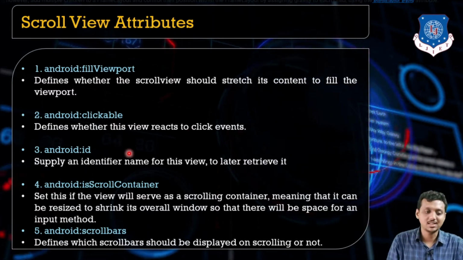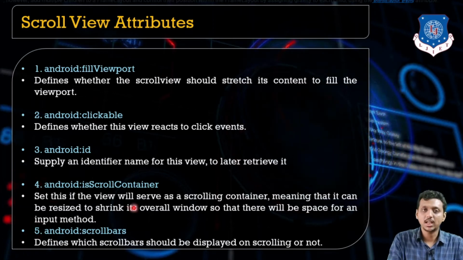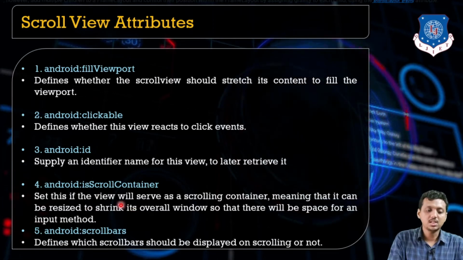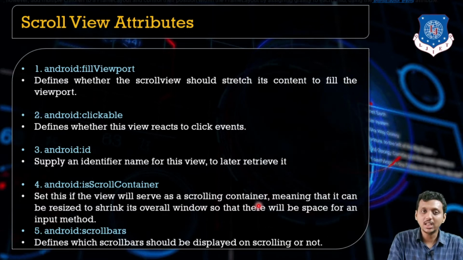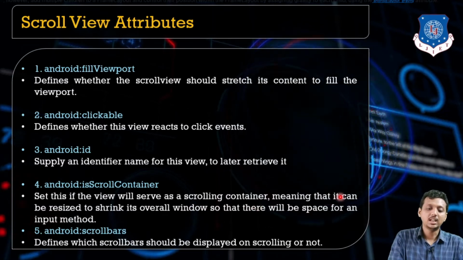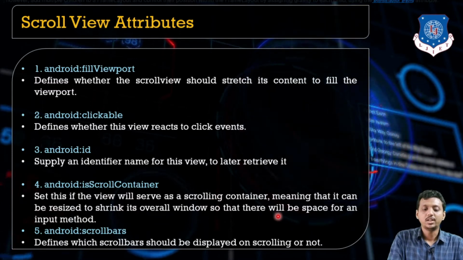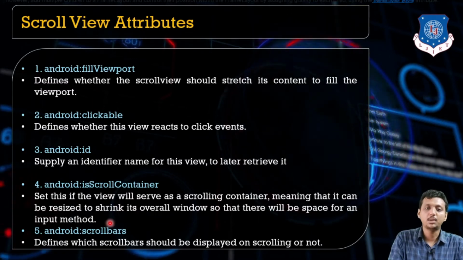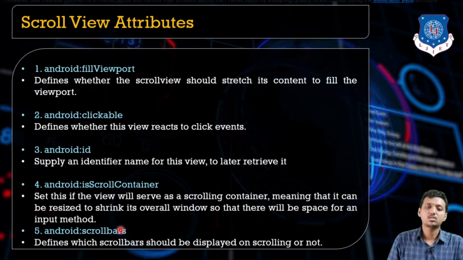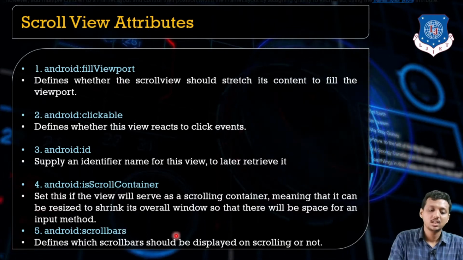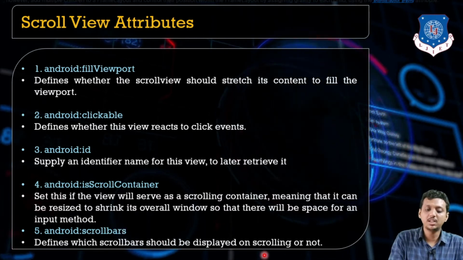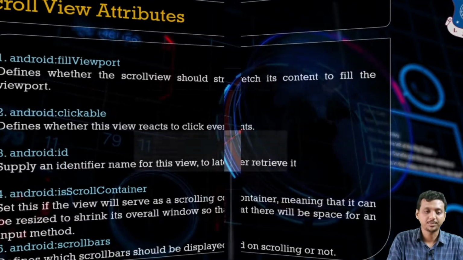ID, obviously, is there. Then there is isScrollContainer: if this view will serve as a scrolling container, it can be resized or shrunk over the window so that there will be space for an input method. Now, scrollbars defines which scroll bars should be displayed while scrolling.